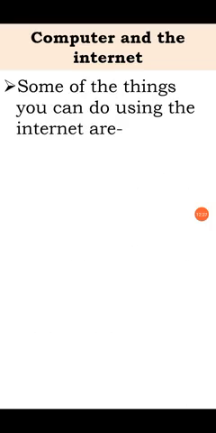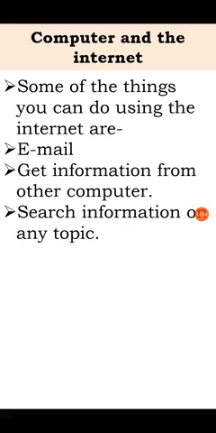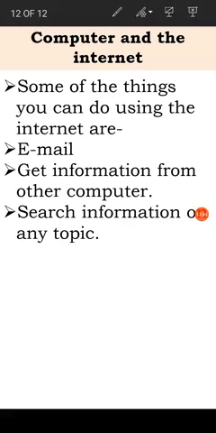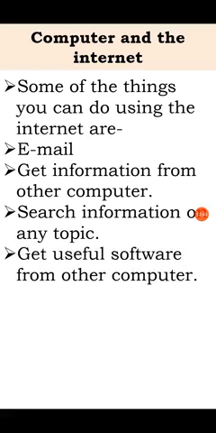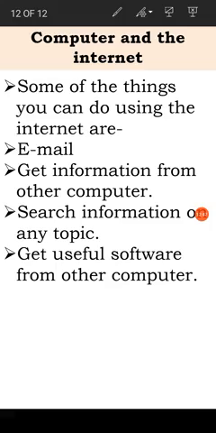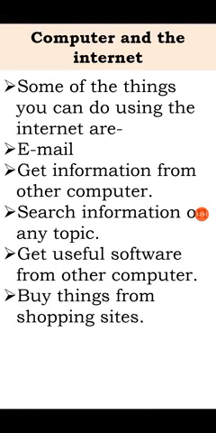Some of the things you can do using the internet are email, get information from other computers, search information on any topic, get useful software from other computers, and buy things from shopping sites.